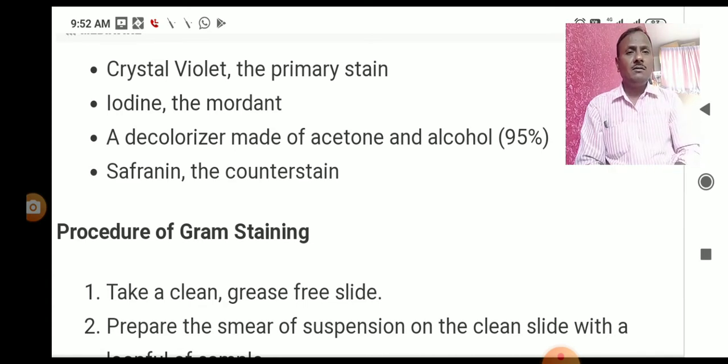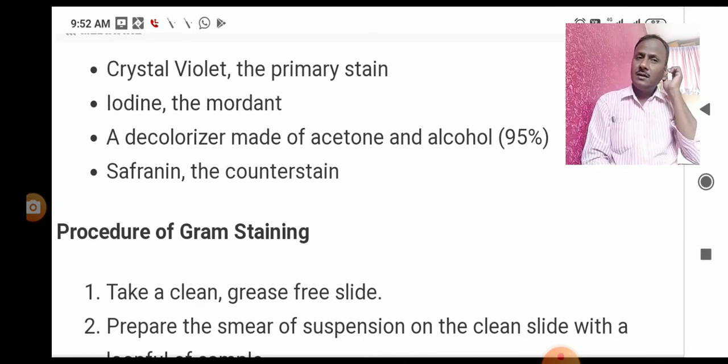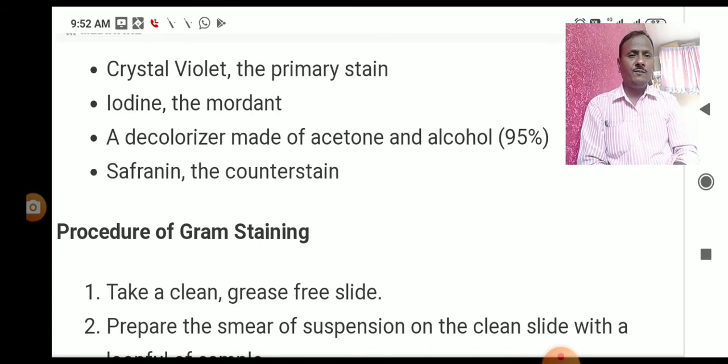This is a practically based theory paper, and in offline classes we will see how to carry out this process practically. The requirements are: crystal violet, the primary stain; iodine, the mordant; a decolorizing agent, that is acetone or alcohol, meaning 95% ethanol; and safranin, the counter stain.